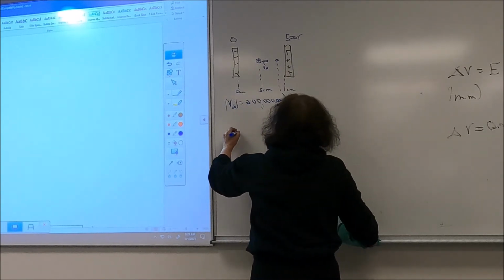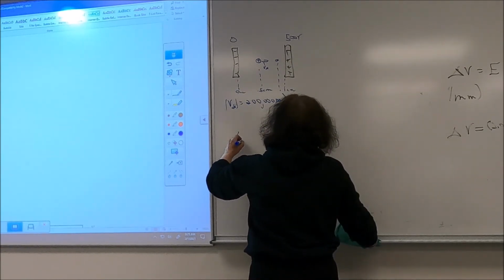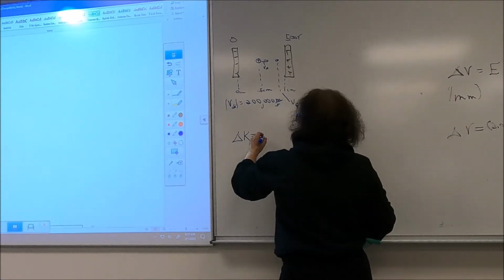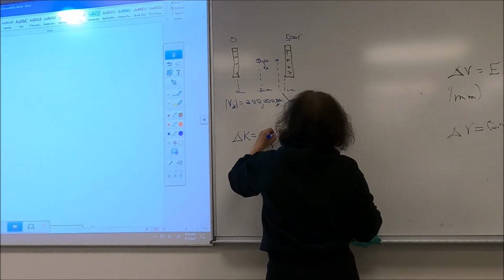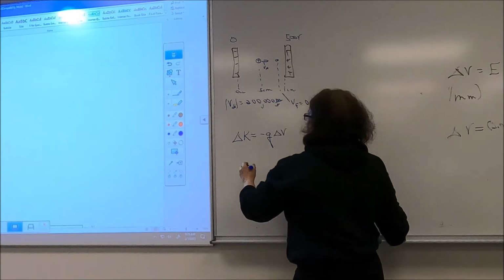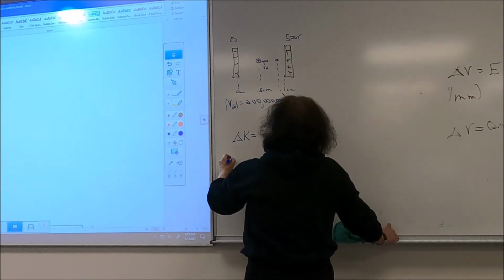So I know that the change in kinetic energy has to equal the negative of Q delta V, and so our kinetic energy final is going to be 0.